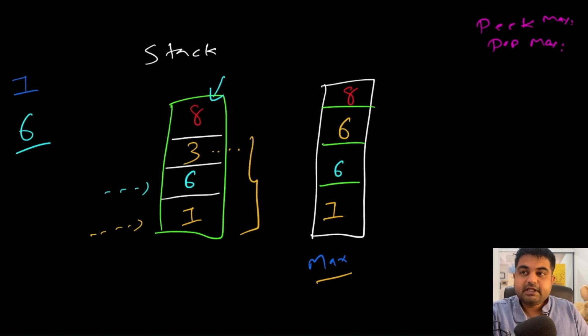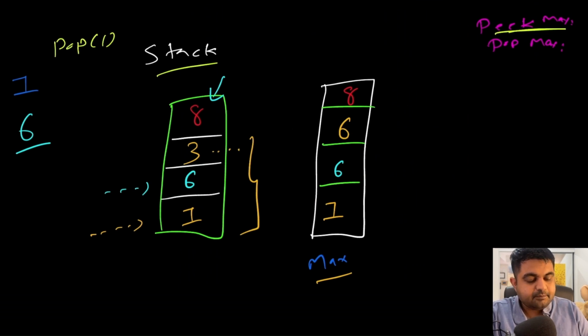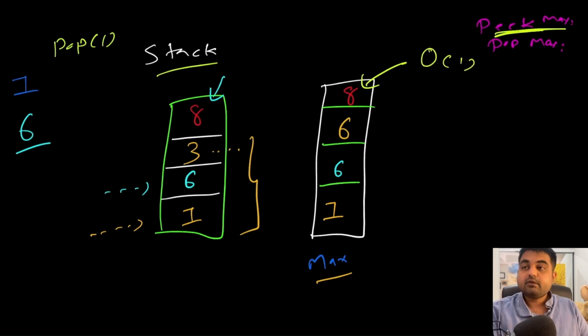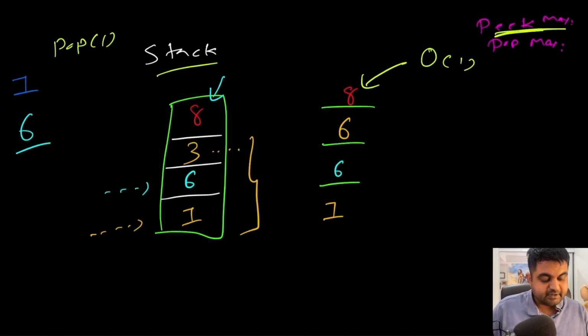We can also do the pop operation easily from the stack, in big O of one time, and we can do peek max as well in big O of one time, because this is also maintained in constant time. So we took care of four operations in big O of one time just by simply using these two different stacks.